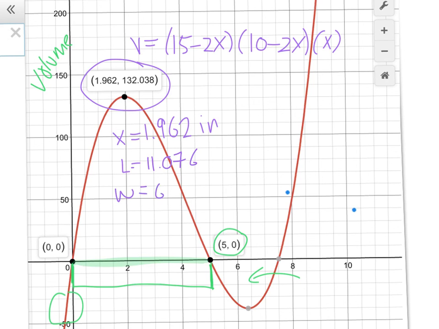So that'd be 6.076, and the height would be that 1.962. The volume for this would be the height here, or 132.038. What you're going to find is that all of these boxes are pretty much going to be set up in the same way.